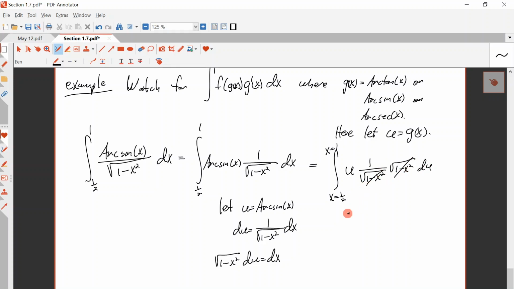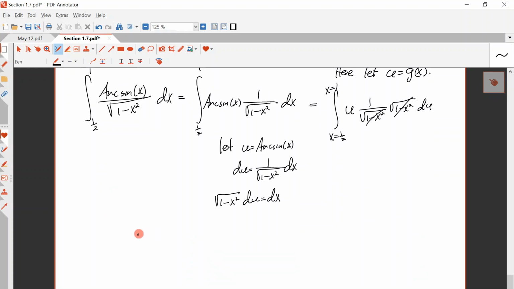And those cancel, as they should with this u substitution technique. So this becomes the integral from x equals 1/2 to x equals 1 of u du. The antiderivative of that is just 1/2 u squared, from x equals 1/2 to x equals 1.